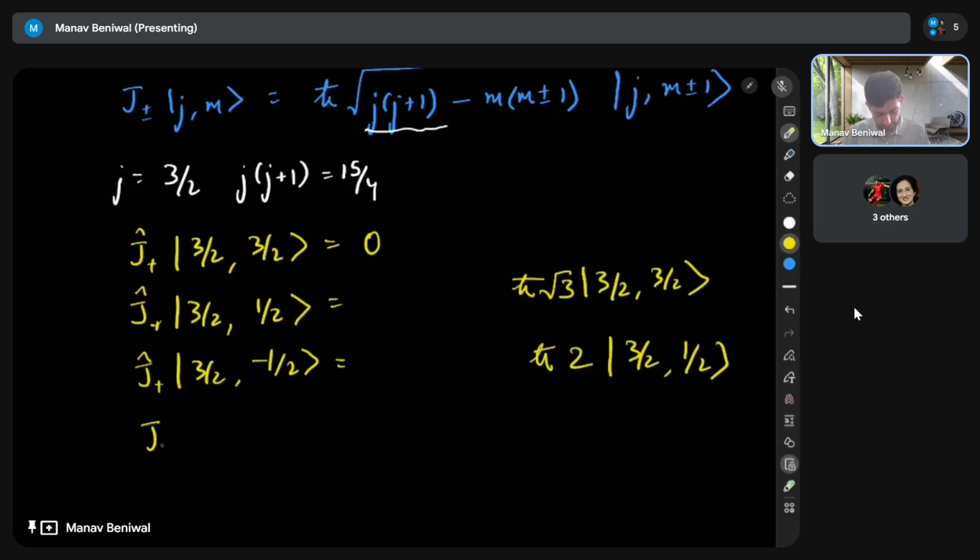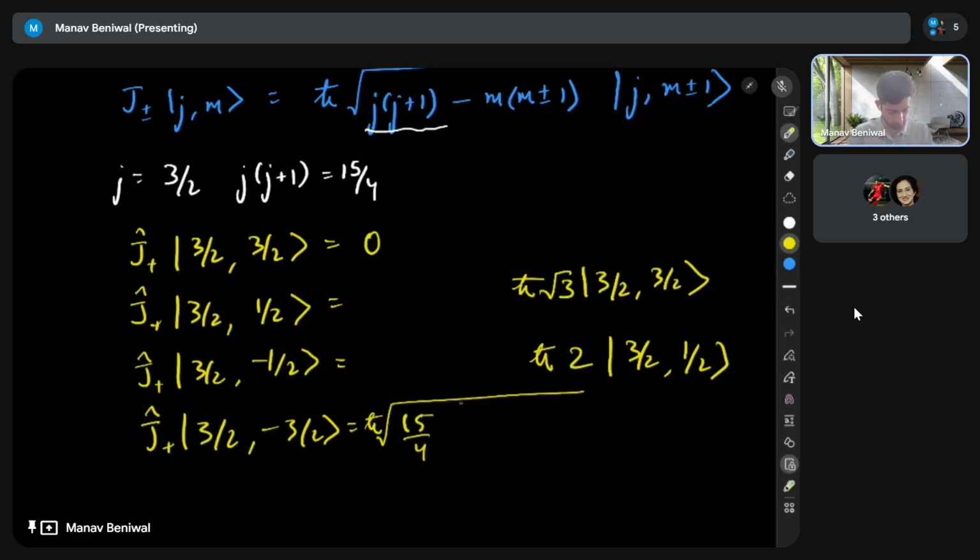Similarly, let's do it for our final state. So this was the last one, 3 by 2 comma minus 3 by 2. And this will go to h cut times 15 by 4, and this will become plus 3 by 2, and then minus 3 by 2 plus 1 will give us minus 1 by 2.